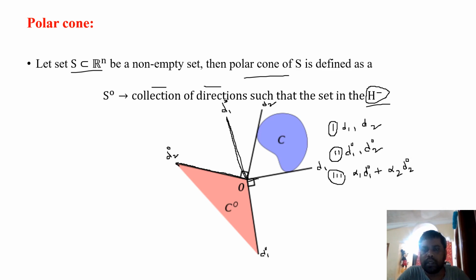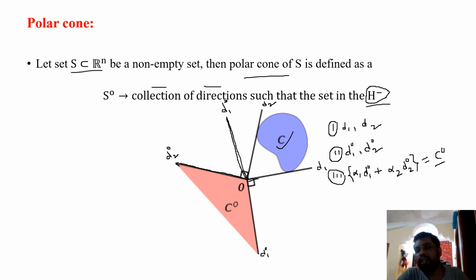This is the conic hull of the newly constructed directions D1 naught and D2 naught, and this resultant cone would be a convex cone and closed as well. This cone we denote by C naught, and we call this C naught the polar cone of the given set C.